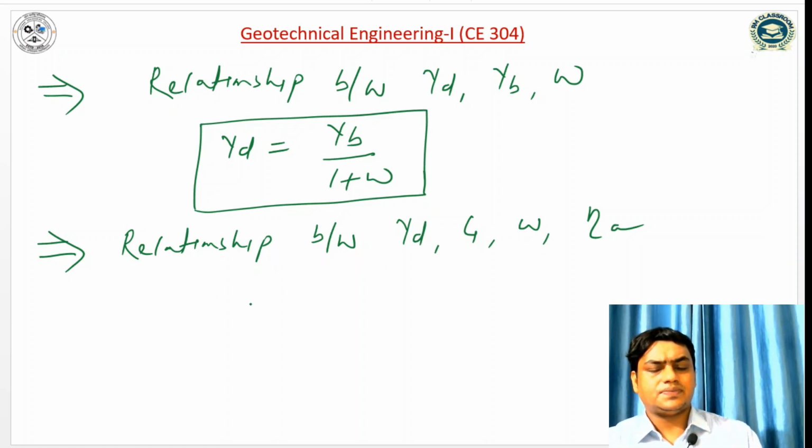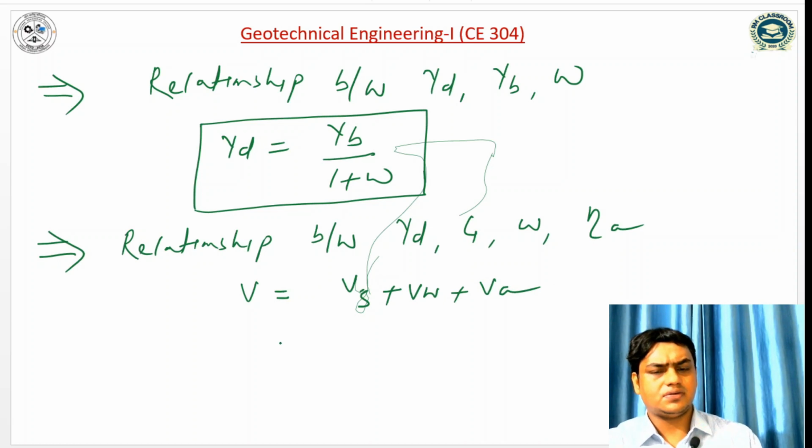So we know that total volume of soil is equal to volume of solid plus volume of water plus volume of air.